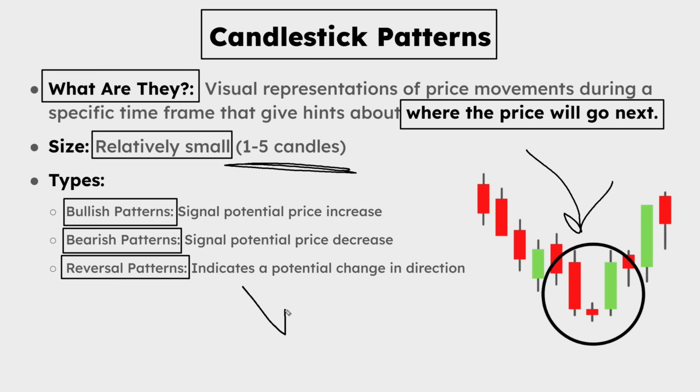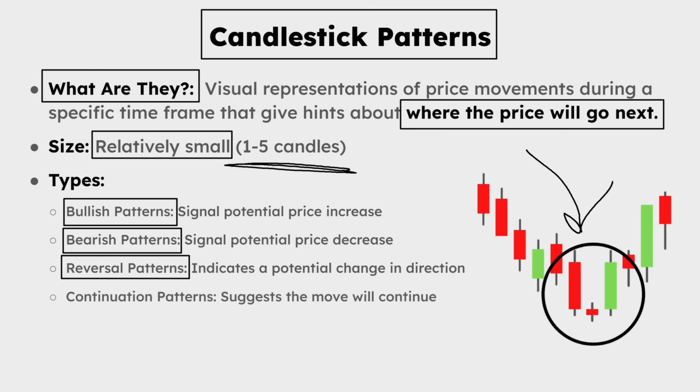So remember the inverse head and shoulders we talked about, that is an example of a reversal chart pattern, because before the pattern appears we have a downtrend, and the goal of this pattern is to reverse the price to the upside. But when it comes to candlestick patterns, these are often much smaller reversals. So if you, for example, have an uptrend, we can find a reversal pattern that simply reverses the pullback. So these are often much smaller reversal patterns compared to chart patterns.